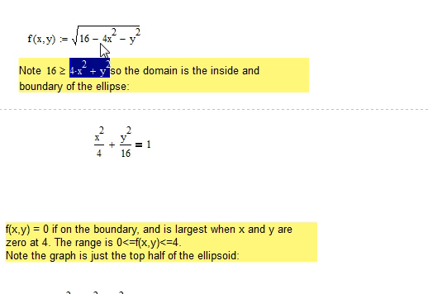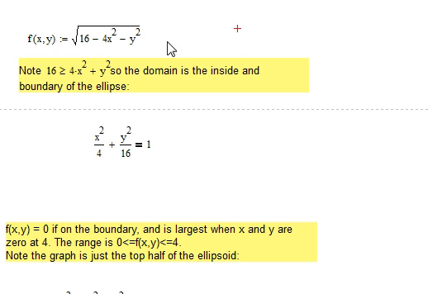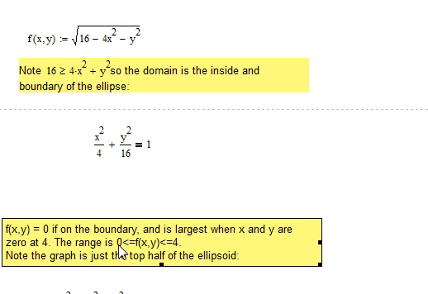And the largest it could be would be when we don't subtract anything from 16, so that would be when x and y are both 0, so square root of 4. So the range of this is numbers between and including 0 and 4.